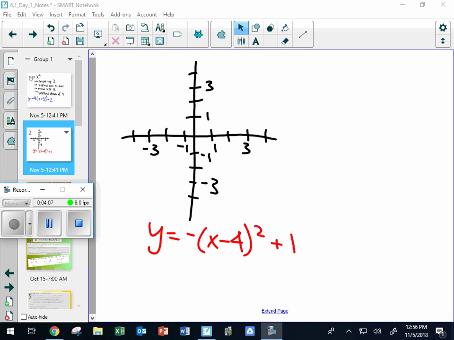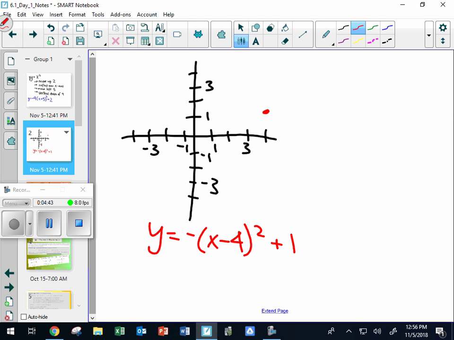We have our equation. From our equation, what is our vertex? What is the vertex from this equation? Tucker, what do you think? Vertex? Yes. The vertex on this one would be 4, 1. All right.